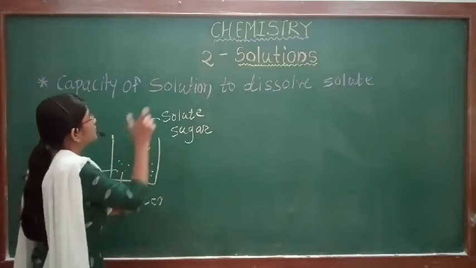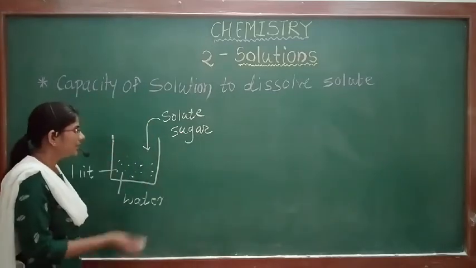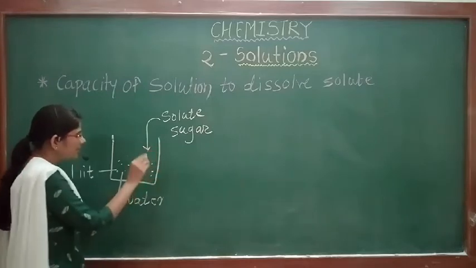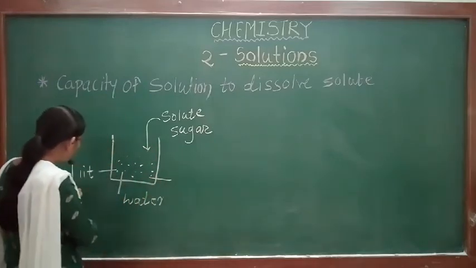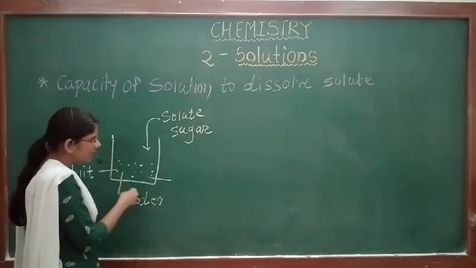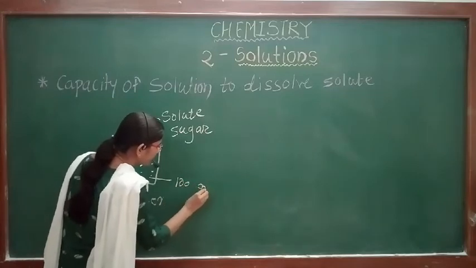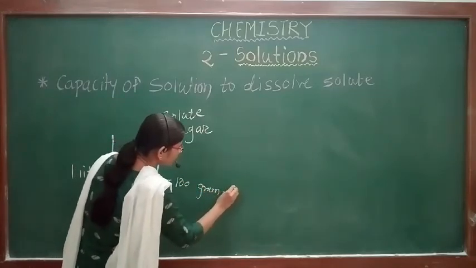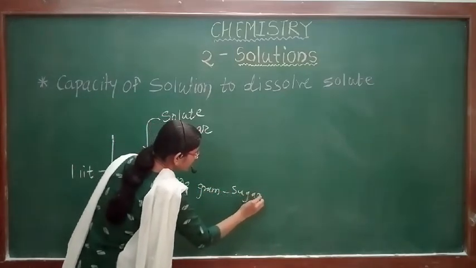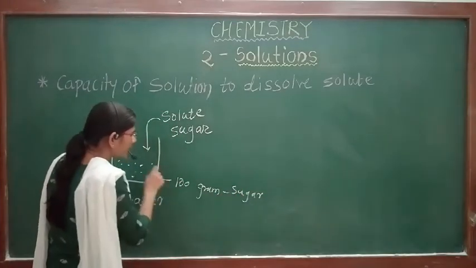To know the capacity of a solution to dissolve a solute, consider that initially we add 100 gram of sugar to 1 liter of the solvent.